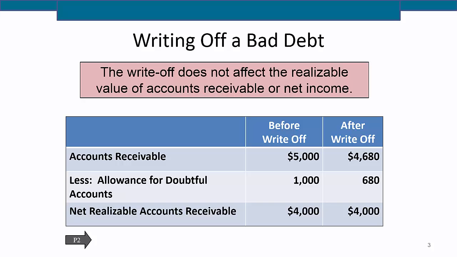That's how much cash we expect to collect. Neither total assets nor net income is affected by the write-off of a specific customer account. Instead, both assets and net income are affected in the period when bad debt expense is estimated and recorded with an adjusting entry.